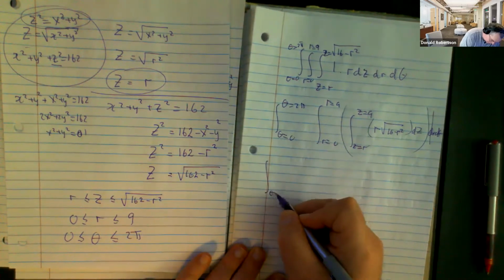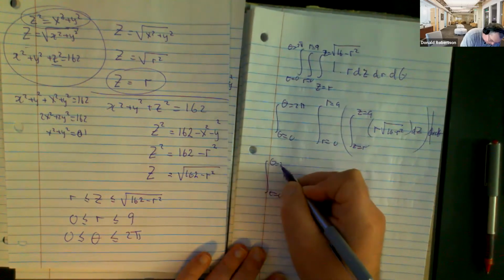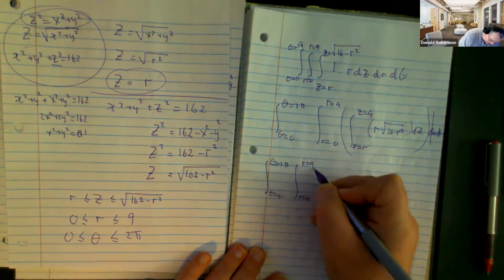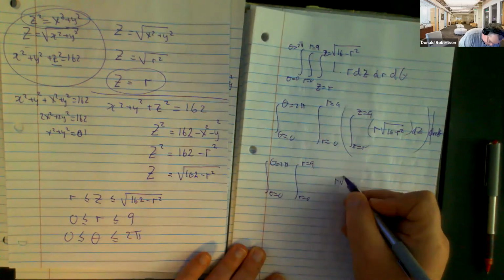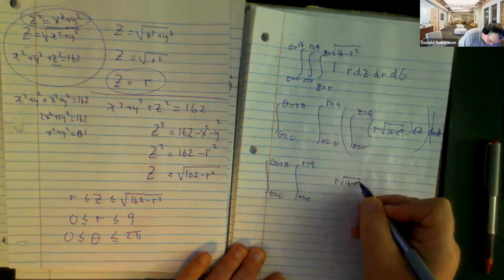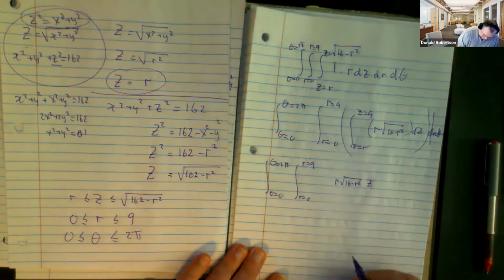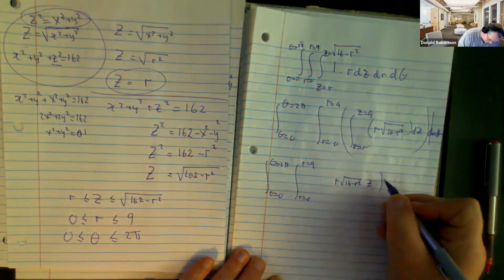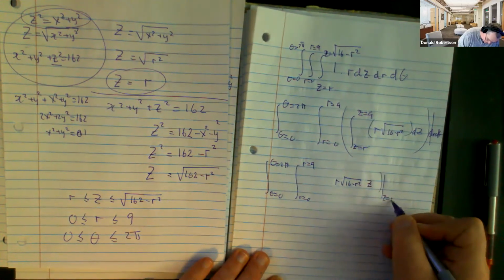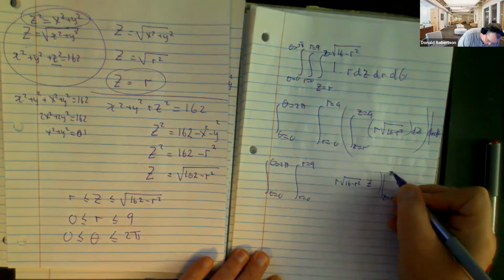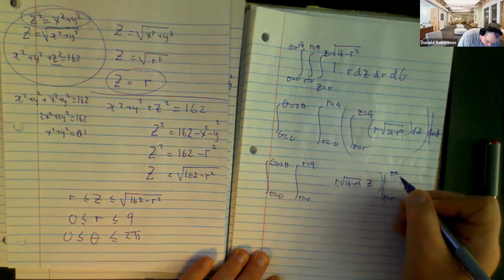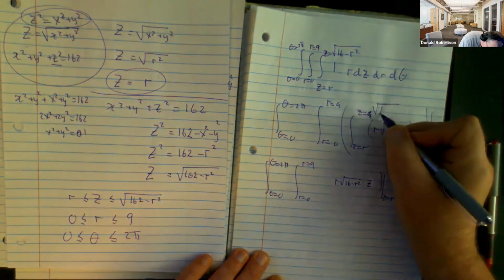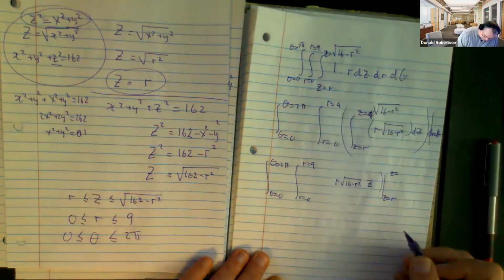So it's going to be from 0 to 2 pi, from 0 to 9, r times the square root of 162 take away r squared, z. Ooh, that's interesting. Evaluated at z equals r and z equals 162 take away r squared.